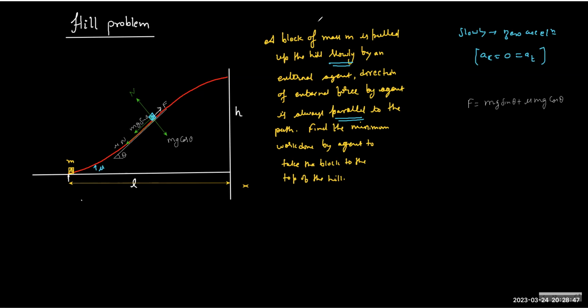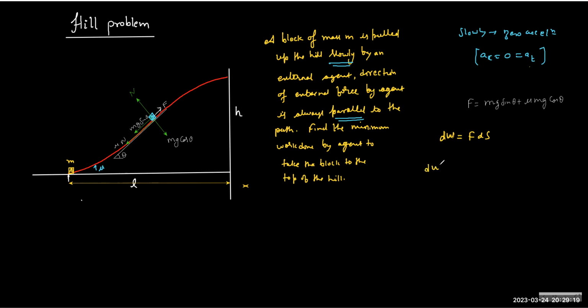Can we write? Yes. So this is coming from the fact that a_T is 0. And therefore the F must be this value. And because it's a variable force, we must write the elementary work dW. So that is the way to approach. So dW equals, you move by elementary length ds, so the work will be F ds. And because the angle is 0, it is F ds cos 0, which is F ds itself.